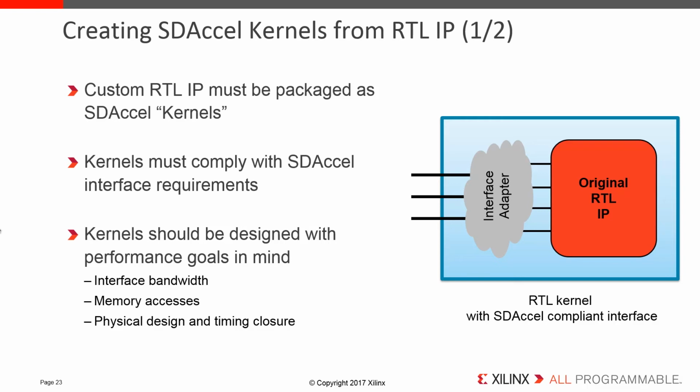This primarily means complying with specific interface requirements. This training series includes a module focused on the RTL kernel packaging process and provides all the necessary details on interface requirements. For best results, it's recommended to design RTL kernels with F1 specs and the app performance goals in mind.